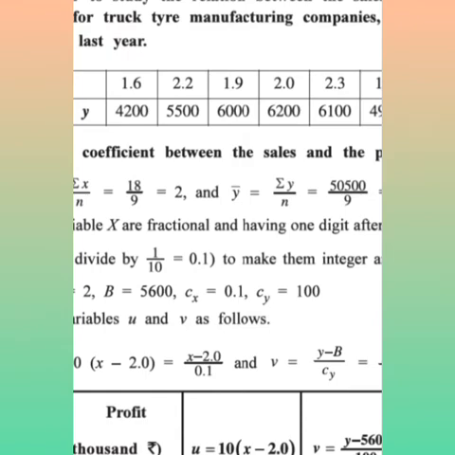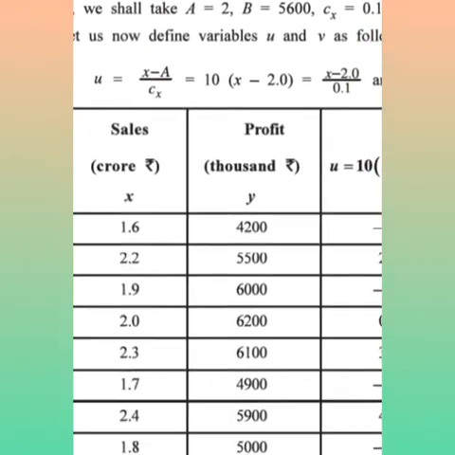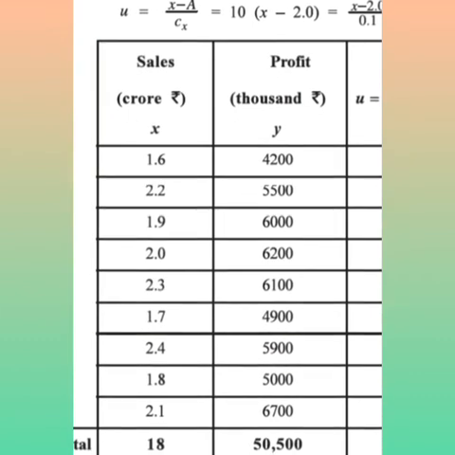Now what could be done for x and y? Over here the numbers you would find, that is the sales and the profit, the column of the variable x are in decimal places, quite smaller numbers, but you would find the column of y, they are in hundreds. So what's the difference between these numbers? So we can't use the xy method, we will use over here the uv method.